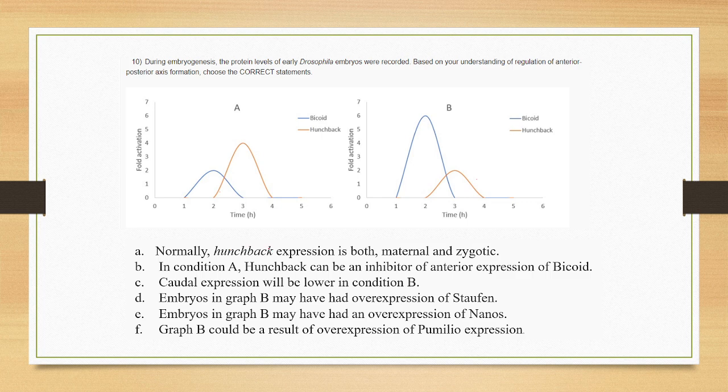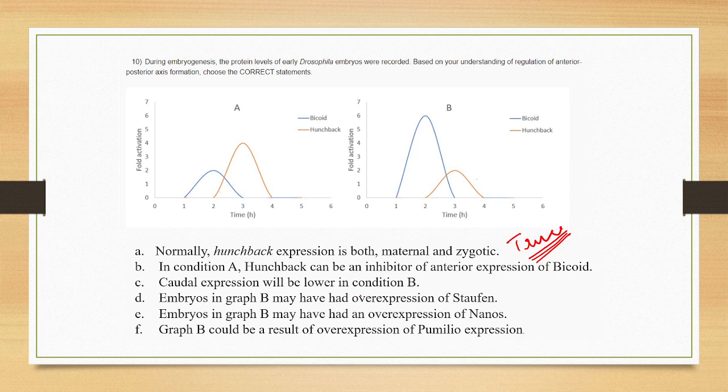Normally, hunchback expression is both maternal and zygotic. Is it true or false? It is true. Hunchback can be regarded both as a maternal gene and a zygotic gene. Why can we say this? Because the mRNA is there in the maternal, but the real expression of hunchback comes only after the fertilization has taken place and it is translated.